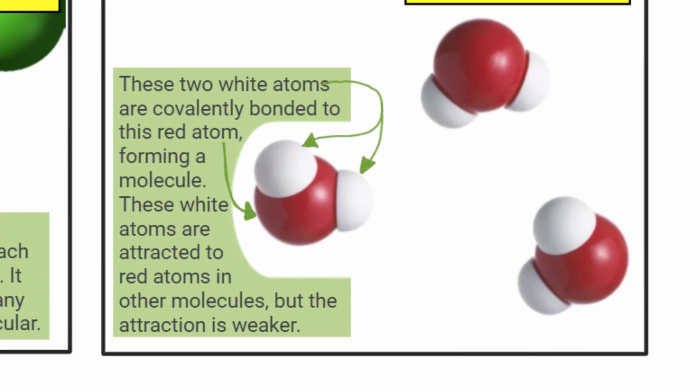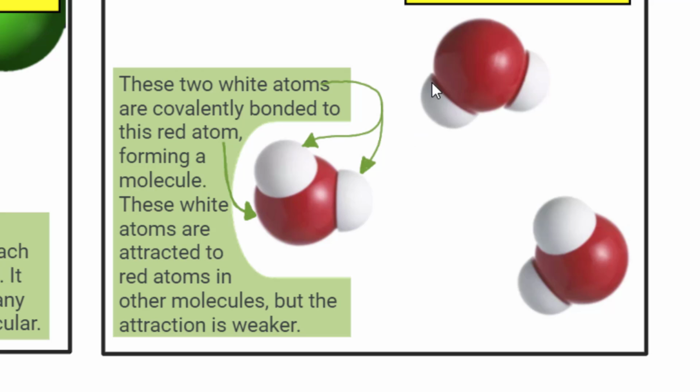However, when we look at covalent compounds, they form molecules. And so you can see these 2 white atoms are covalently bonded to this red atom. Now, this white atom may be attracted to the red atom in another molecule. However, it's not as strong of an attraction. So that means that this white atom belongs to this particular molecule.